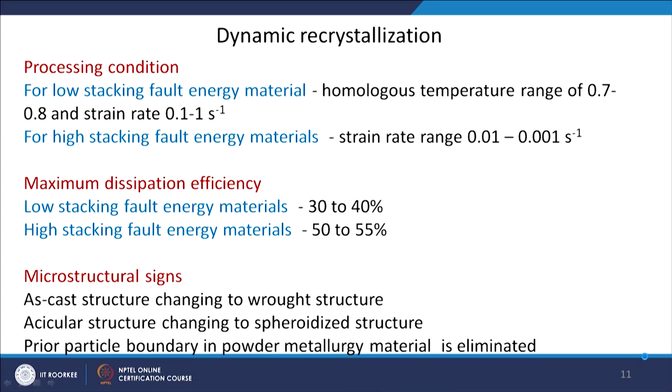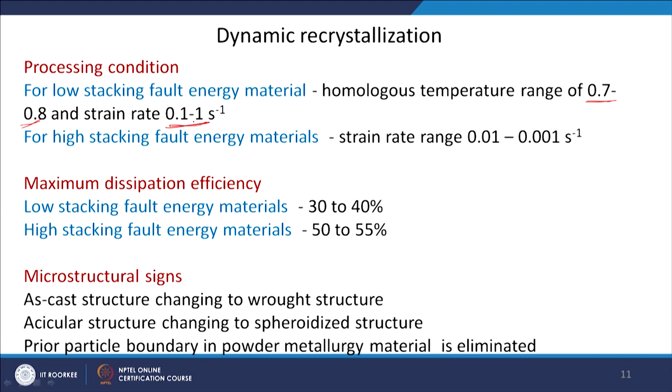Okay. So, as we said, dynamic recrystallization is one of our primary objectives for the processing condition. Okay. So, in general, for different materials, when people have done work on this, they are able to identify a few ranges right now in terms of processing condition. For low stacking fault energy materials, the temperature range is around 0.7 to 0.8 of the melting point, and the strain rate range is around 0.1 to 1 per second.